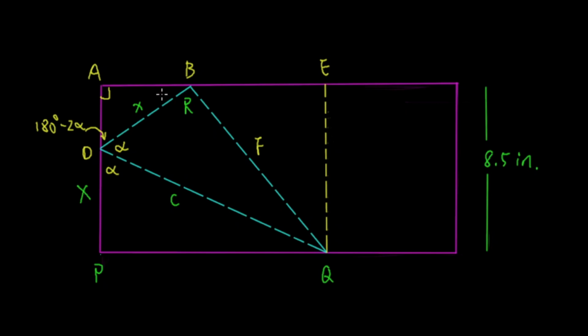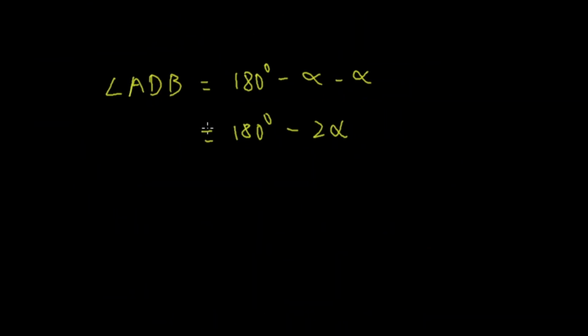We don't know. Let's call this beta. But we do know that all the inner angles inside a triangle add up to 180 degrees. So 180 degrees minus 2 alpha plus 90 degrees plus beta is equal to 180 degrees.